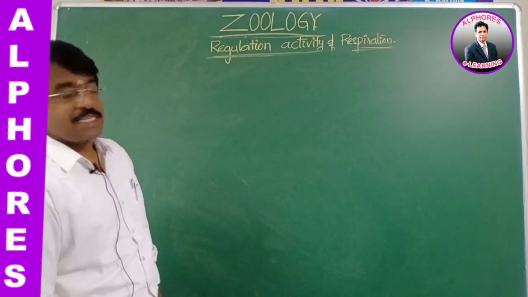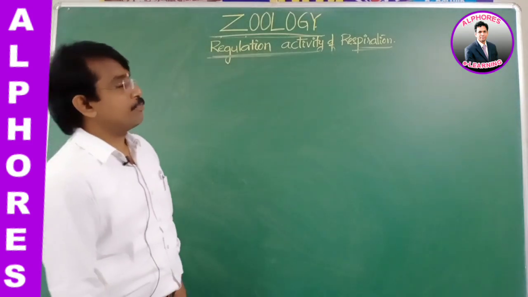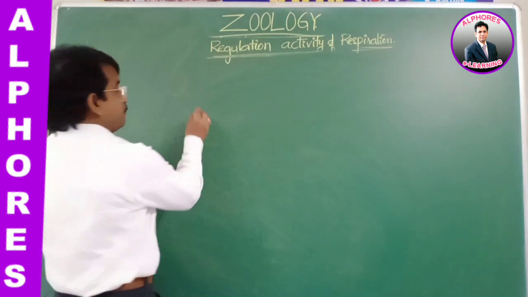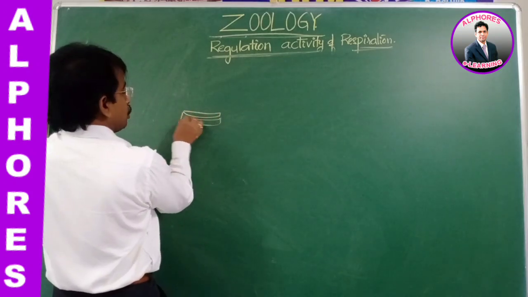This is session 12. Regulation activity of respiration, where first of all we'll discuss the neural activity. See the diagrammatic explanation now.